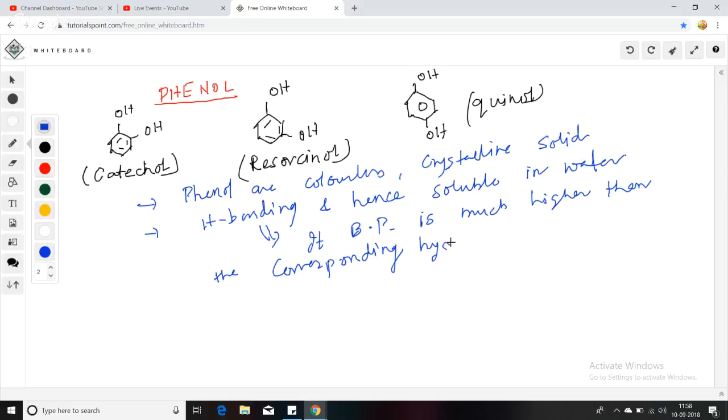Corresponding hydrocarbon means the molecular mass must be comparable. Hydrocarbon and haloarenes also.